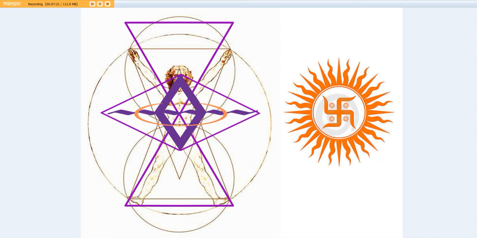So, looking back at the picture, you see this little orange circle going around this guy. Okay, so this is the orbit. I didn't put it in this picture, but imagine the swastika right there at the point of intersection on more or less the solar plexus of Michelangelo's man.